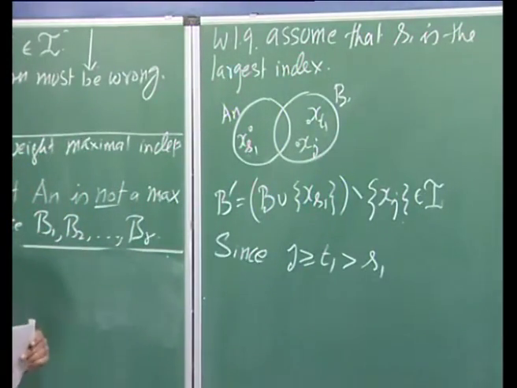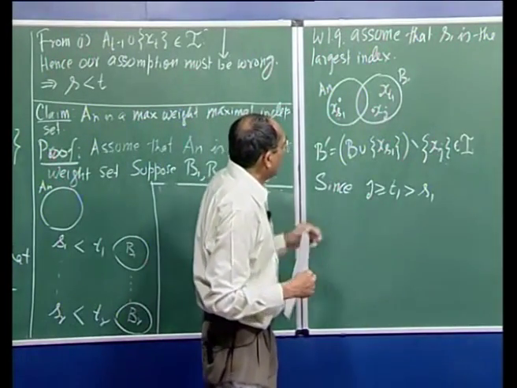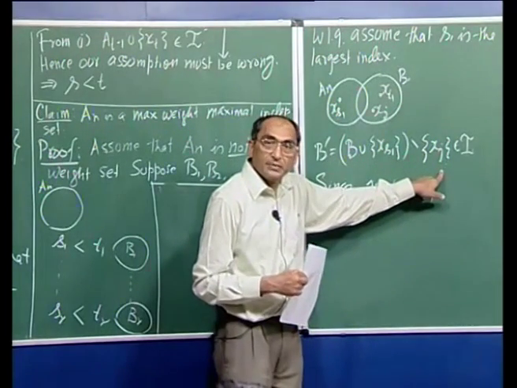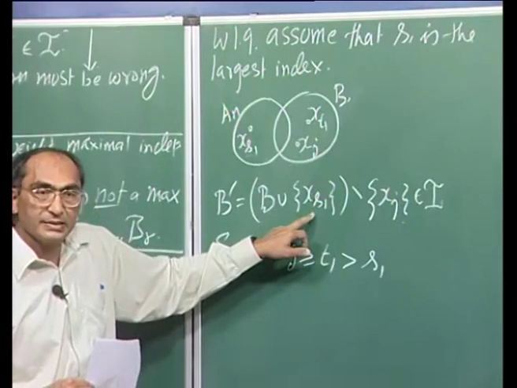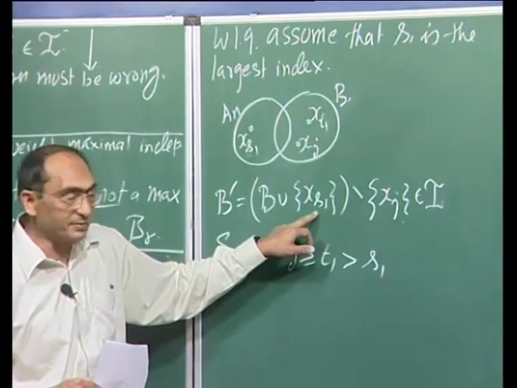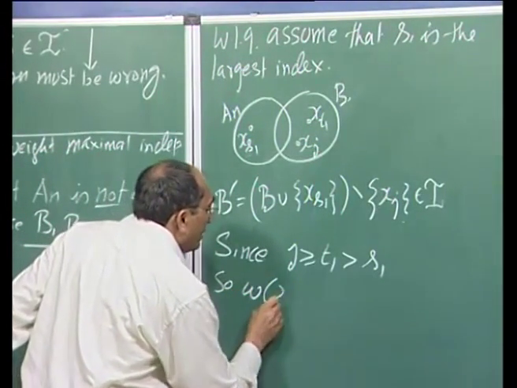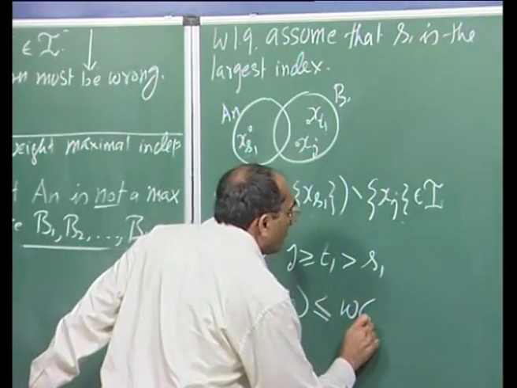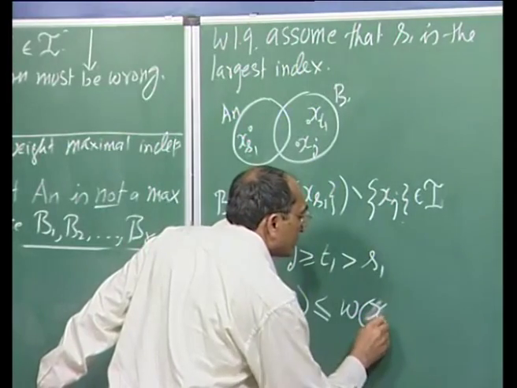Okay. So, what we notice is that the weight of this element is greater than or equal to weight of this element, because our indexing is in non-increasing fashion. So, the weight of xj is less than or equal to weight of x S1.